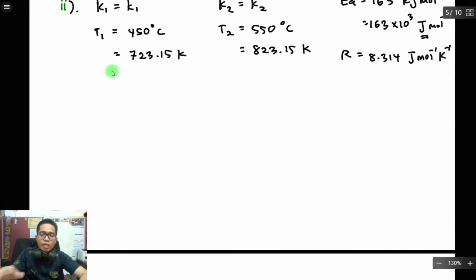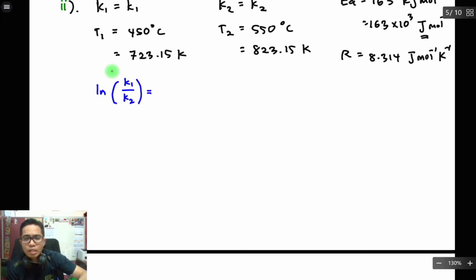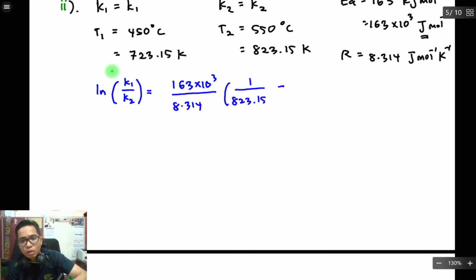Yes. So ada K1, ada T1, K2, T2, kita guna ln. Ln in bracket K1 divided by K2 equal to EA, 163 exponent 3, divided by R, 8.314, times 1 over T2, 823.15, minus 1 over T1, 723.15.